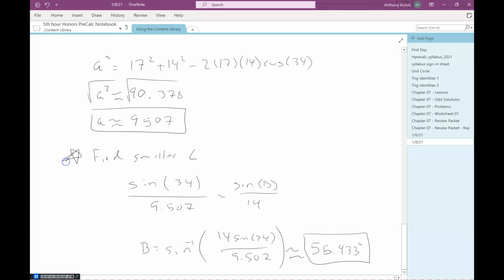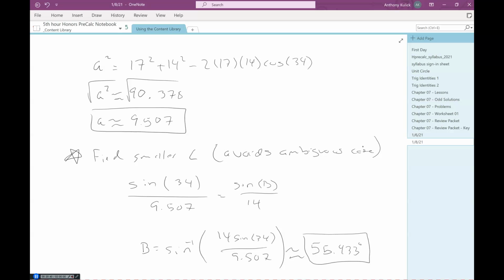Why did I do this? Why did I choose to find the smaller angle? Why does that make things easier? We're avoiding the ambiguous case. So you can't run into that possibility if we're doing that.